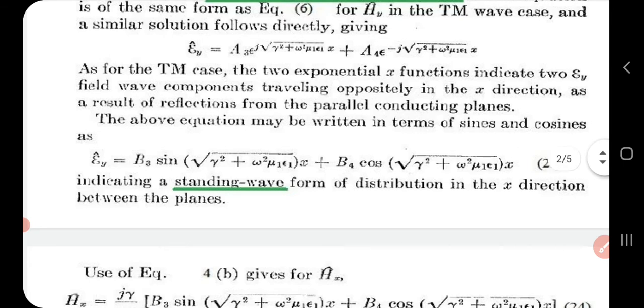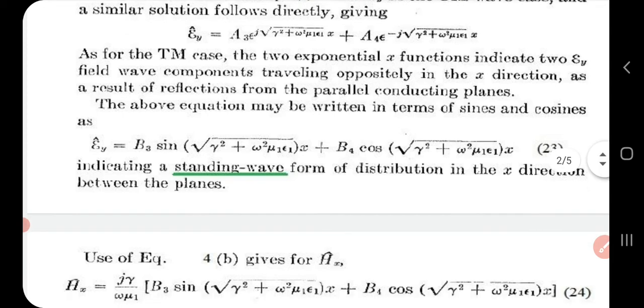In the last class we introduced B1 and B2 for the case of TM wave. Since now we are discussing TE wave, we are using another two arbitrary constants B3 and B4, and just as before, this also indicates a standing wave form of distribution in the x direction between the plates.